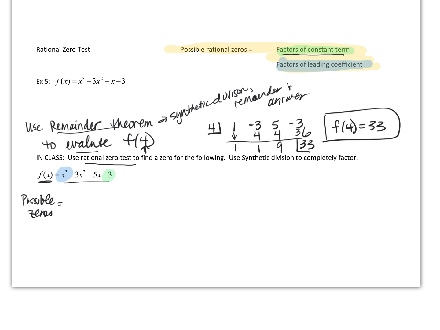Surely only 2. 1 and 3, right? With all the combinations of positives and negatives possible. So 1 and 3, now we would just put plus or minus on them because we don't know if it's -1 and a +3 or -3 and a +1. We don't know. But we can look at it. And then the denominator is the factors of the leading coefficient. Well, the leading coefficient in this equation is just a 1.